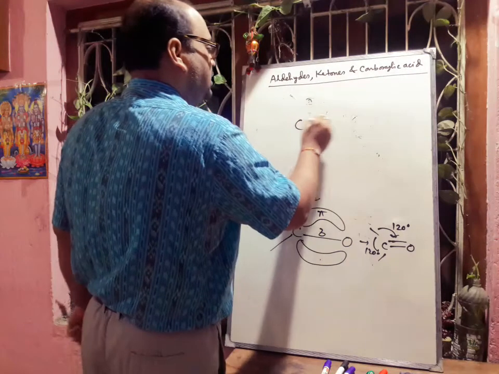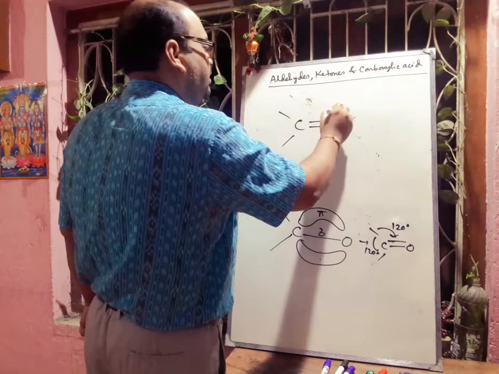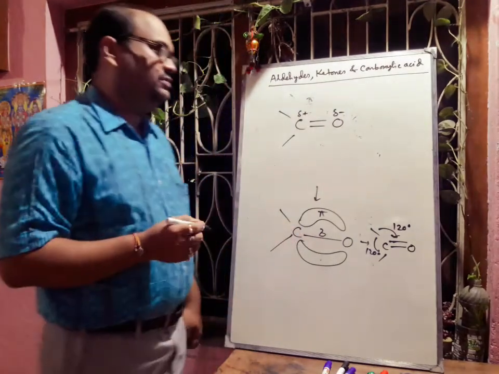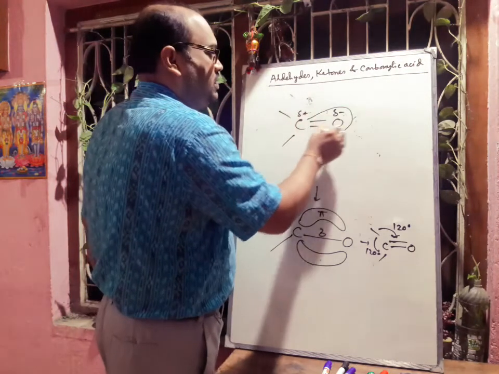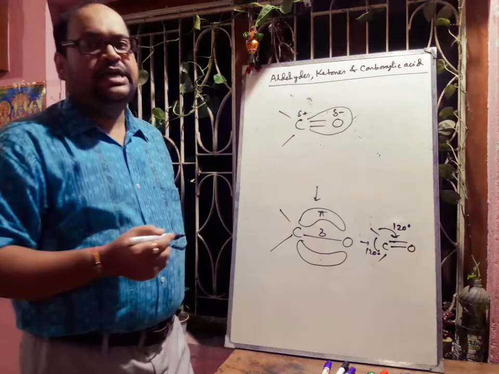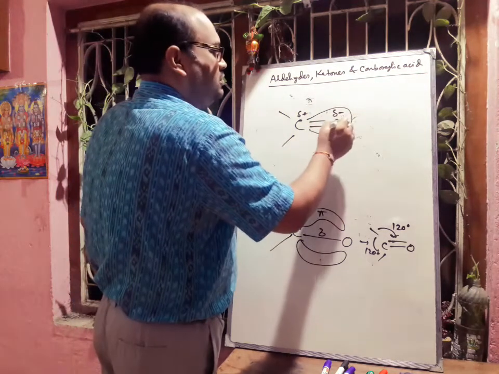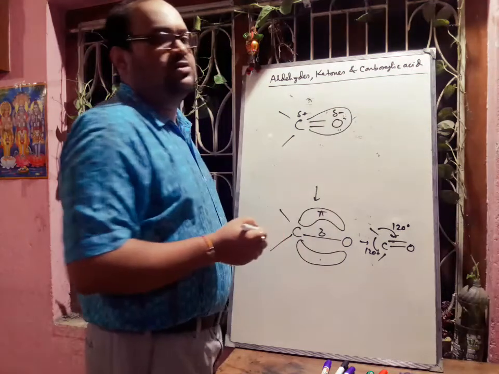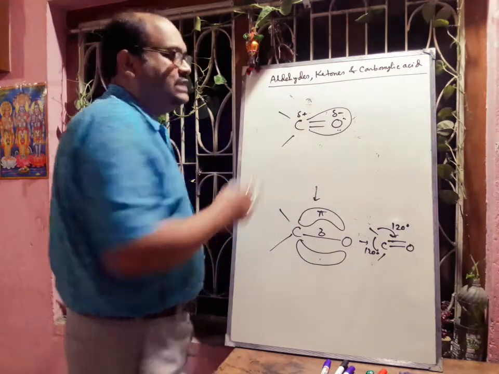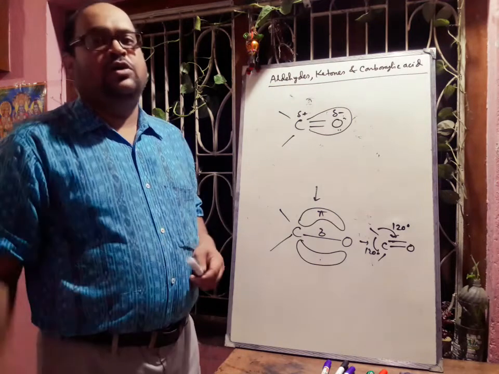In this carbon-oxygen bond, oxygen is more electronegative, so it will attract the bonding pair of electrons towards itself. So this cloud will be towards the oxygen. This is a partial negative charge and this is a partial positive charge. That is why this bond becomes polar, and the oxygen center also contains 2 lone pairs of electrons. So this is nucleophilic, or it can act as a Lewis base. As carbon is delta positive, it is electrophilic and can act as a Lewis acid.